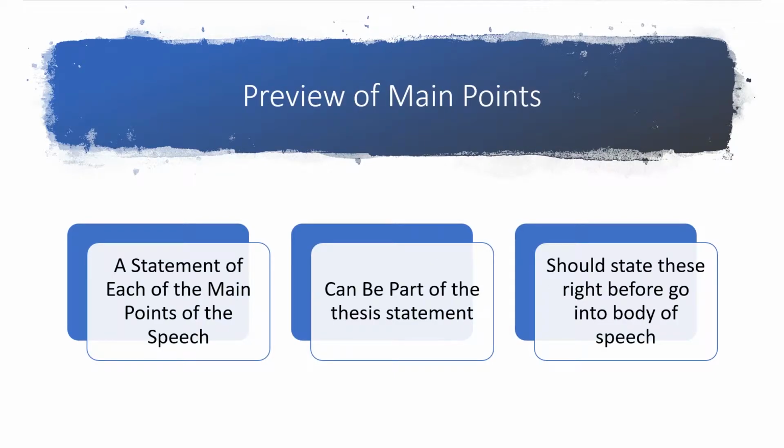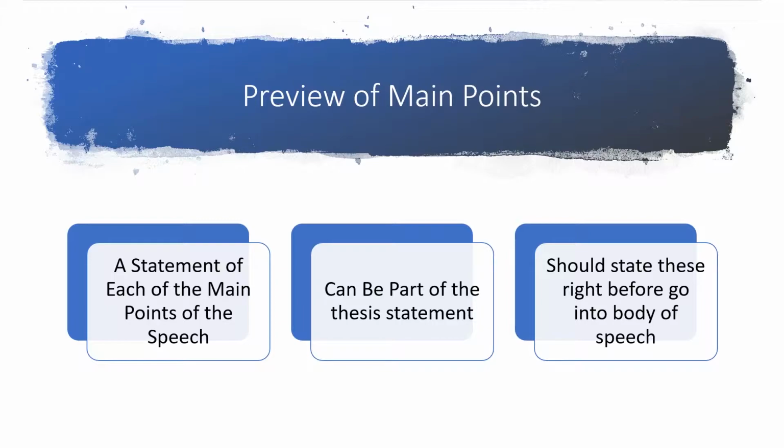So our preview is just simply what are the main points of our speech. So in our global warming speech, our 3 main points are going to be the causes, and the causes that I'm going to have in my speech are greenhouse gases, deforestation, and industrialization. So when I do my preview of main points, I might say something like, specifically, I'm going to talk about greenhouse gases, deforestation, and industrialization.